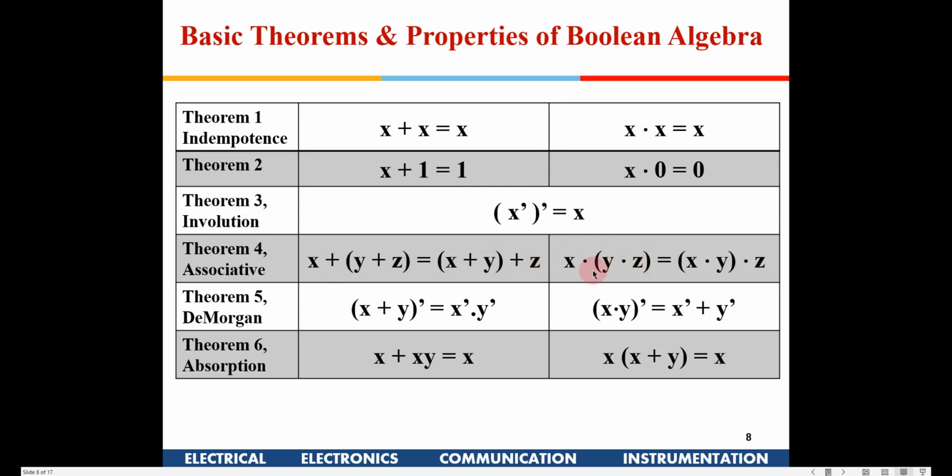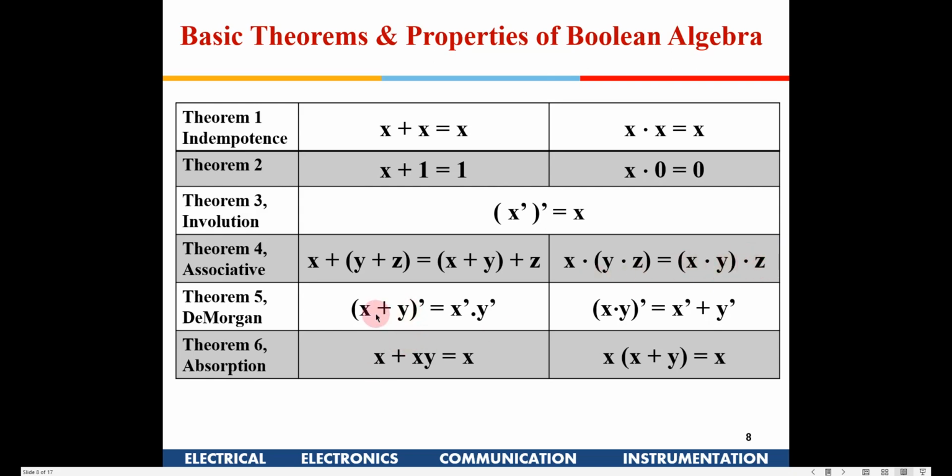Similarly, this is the AND operation. If for any reason you just have 2 input AND gates available, but you have to take an AND of these 3 variables, you can use two gates. First you do an AND of two and then take that output as an input for the second AND gate and put Z there. Either way it will give the same answer when we are realizing circuits.